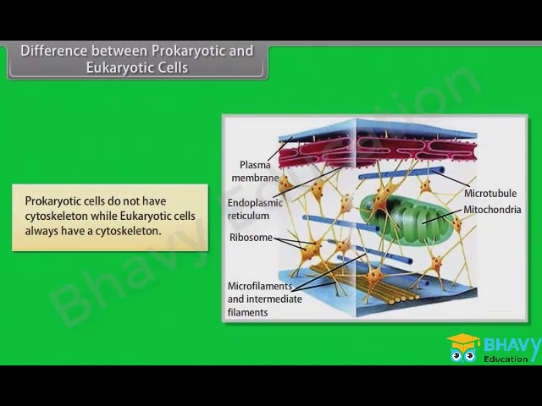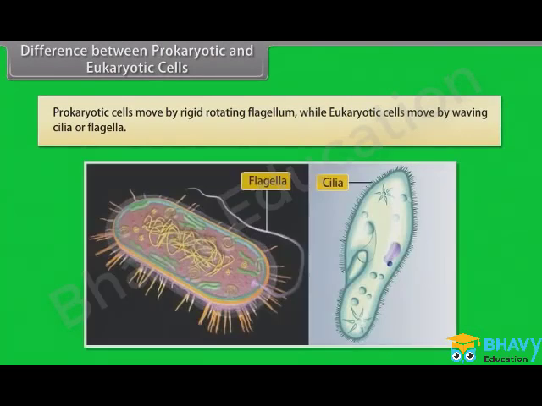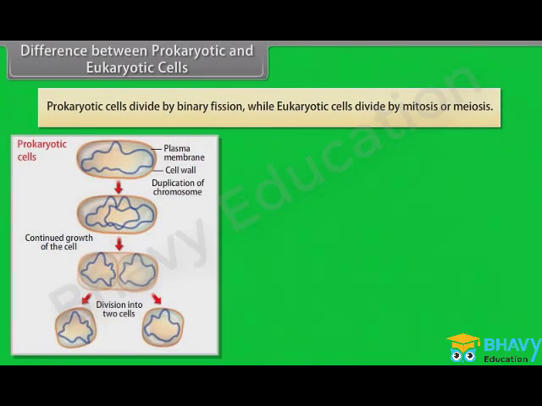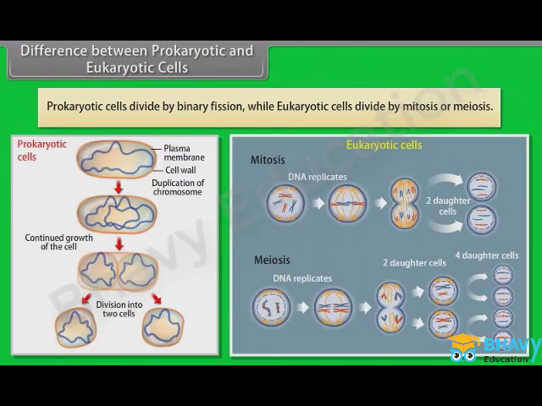Prokaryotic cells do not have a cytoskeleton, while eukaryotic cells always have one. Prokaryotic cells move by a rigid rotating flagellum, while eukaryotic cells move by waving cilia or flagella. Prokaryotic cells divide by binary fission, while eukaryotic cells divide by mitosis or meiosis.